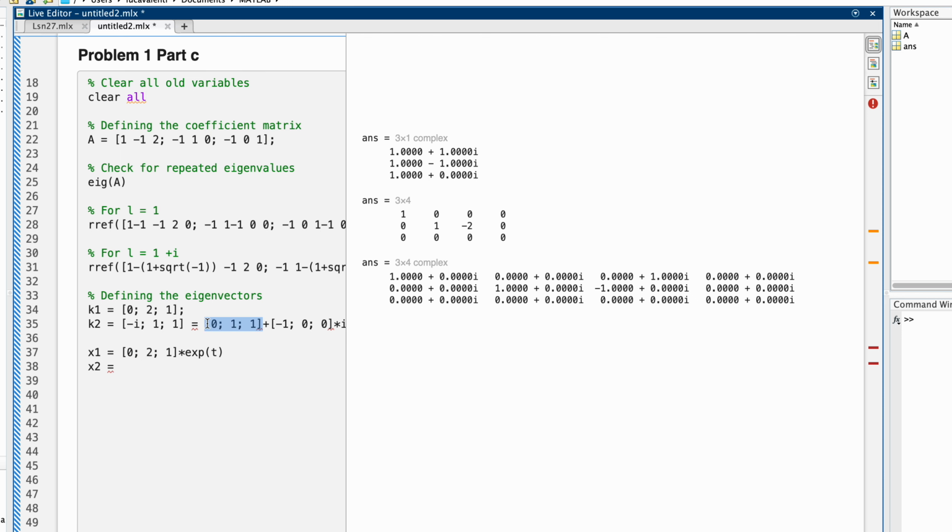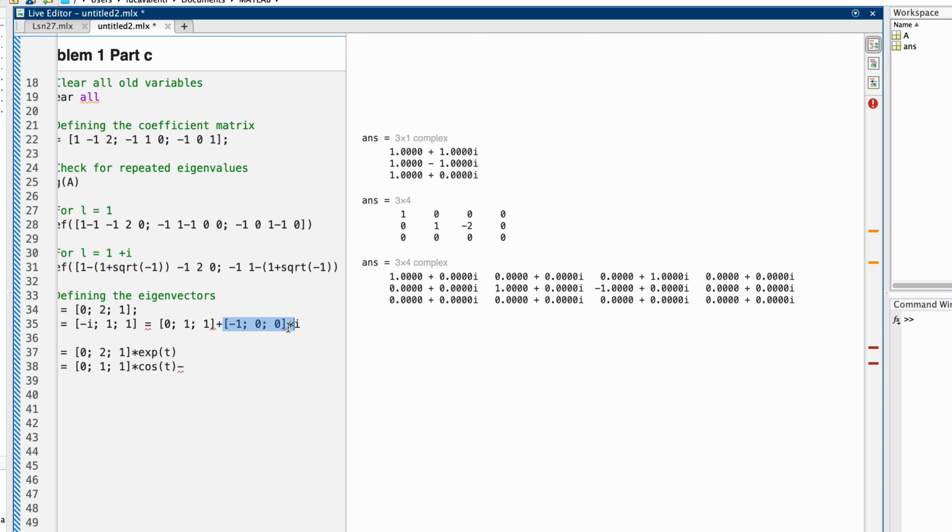times the cosine of the coefficient of the i. Well, we have that i has a coefficient of 1. We're not looking at the signs. So coefficient of the i times t minus the imaginary part, which is this one, without looking at the i, just the coefficient of the i, times the sine of t again, because it would be the coefficient of i.